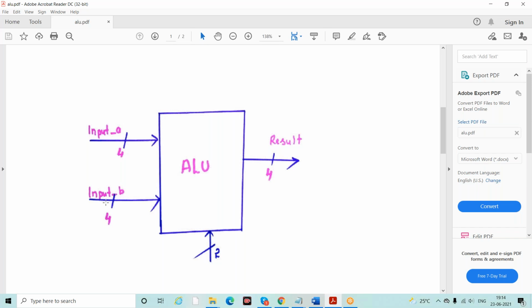Each input is 4 bits wide. Output is 4-bit wide. Sorry, I forgot to write here, this is the opcode. One second. This is the opcode.